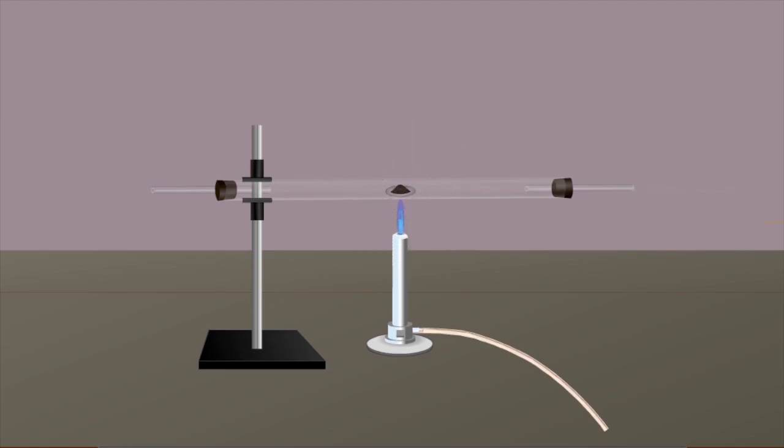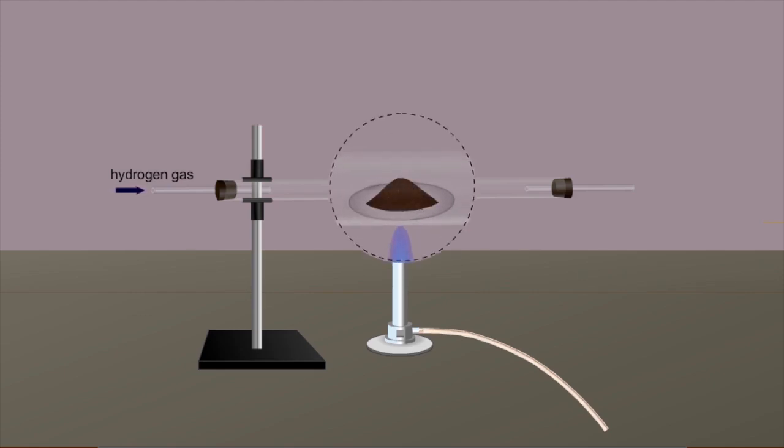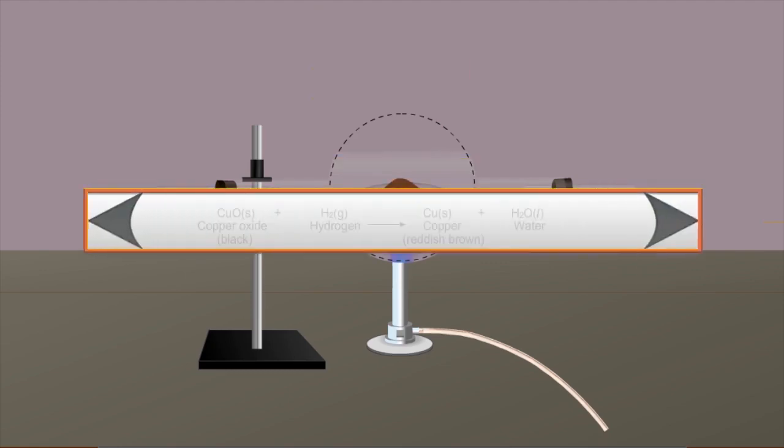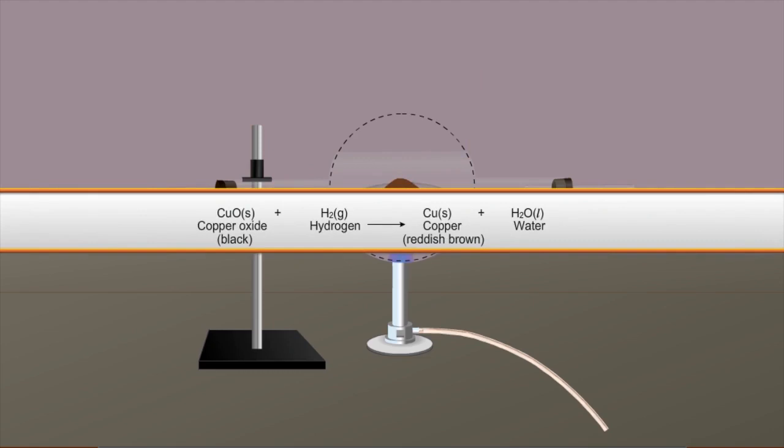Now go on heating the glass tube and pass hydrogen over the black copper oxide for about 10 minutes or more. Then make your observations again. What we will see on passing hydrogen gas is that the black color of copper oxide slowly regains its original reddish brown color. So as you must have guessed, copper oxide in the presence of hydrogen loses the oxygen and again forms copper and water.